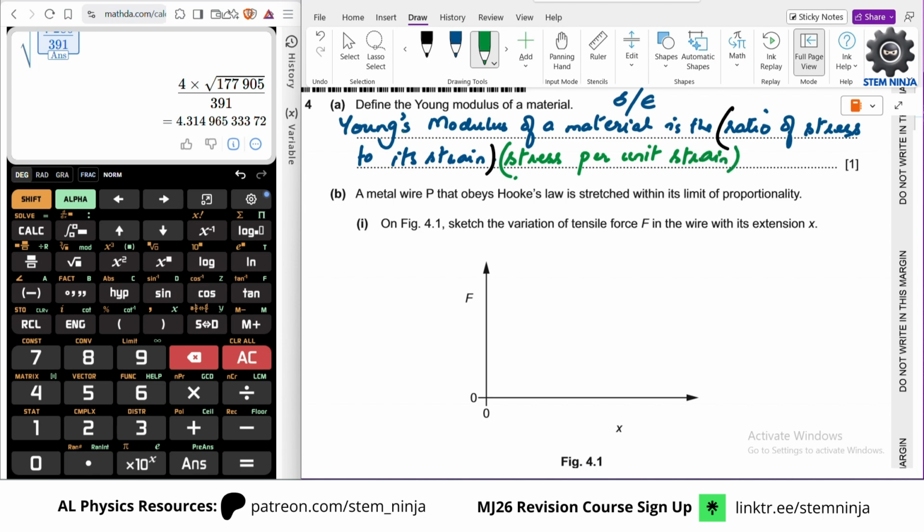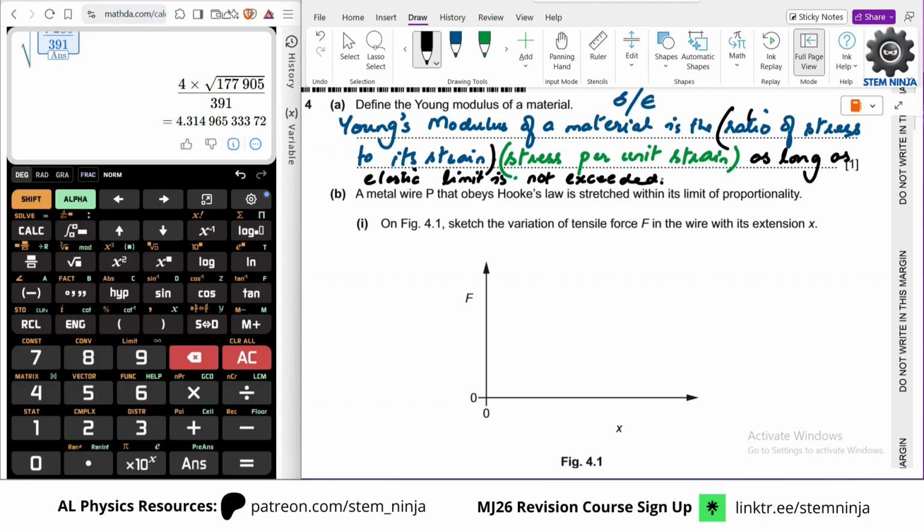But obviously, sorry, I forgot one thing. This is when the elastic limit is not exceeded, as long as the elastic limit is not exceeded.